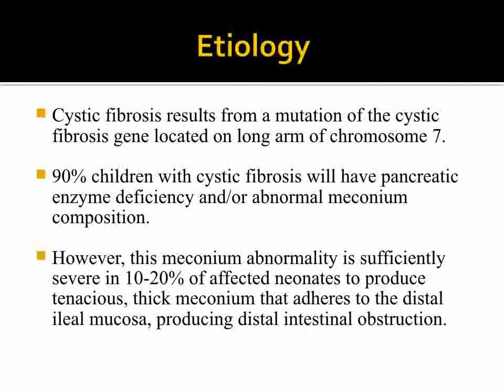So meconium ileus is a baby presenting with the picture of distal ileal obstruction due to meconium that is adherent to the wall of the terminal ileum. However, the meconium abnormality is sufficiently severe in 10 to 20% of the affected neonates to produce tenacious, thick meconium that adheres to the distal ileal mucosa, producing distal intestinal obstruction.